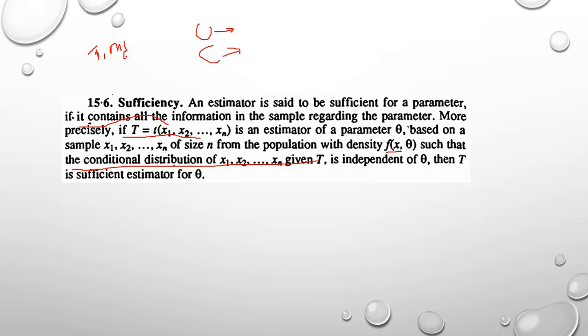Now our question is which statistic to select, either x bar or the median. At that time we use efficiency: we take the variances, and the one with the minimum variance is the best estimator. Now, by understanding sufficiency, we get the total information from the sample. It plays an important role in data reduction. Since we get the total information from the sample, it is a best property for an ideal estimator.